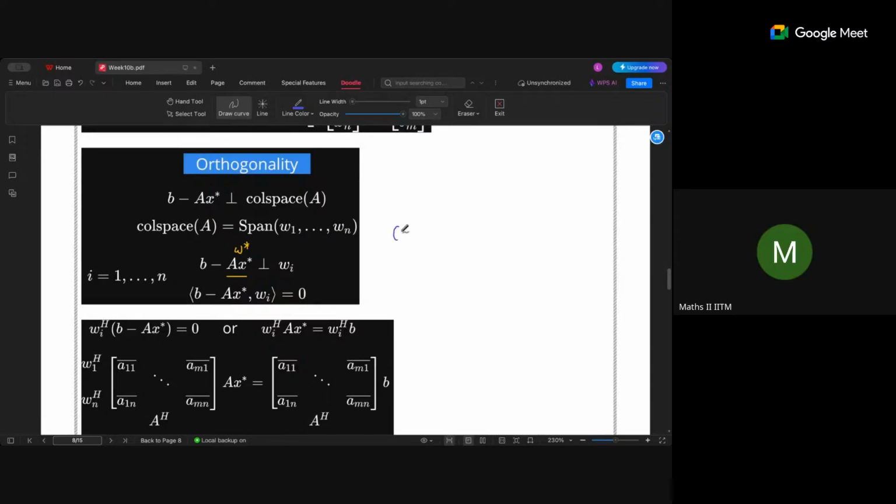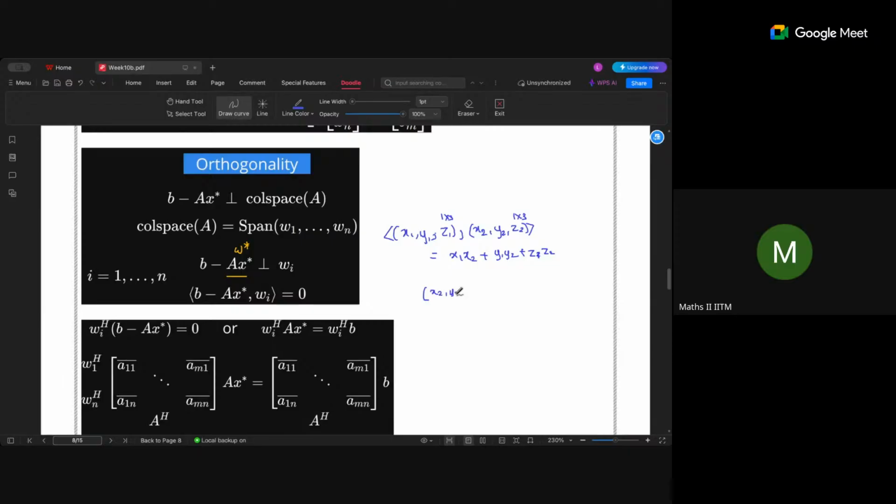So let's say you have something like x1, y1, z1, and its inner product with x2, y2, z2. What is the answer? We know that it is x1 x2 plus y1 y2 plus z1 z2. Now if we consider them as matrices, this is a 1 cross 3 matrix, and this is also a 1 cross 3 matrix.